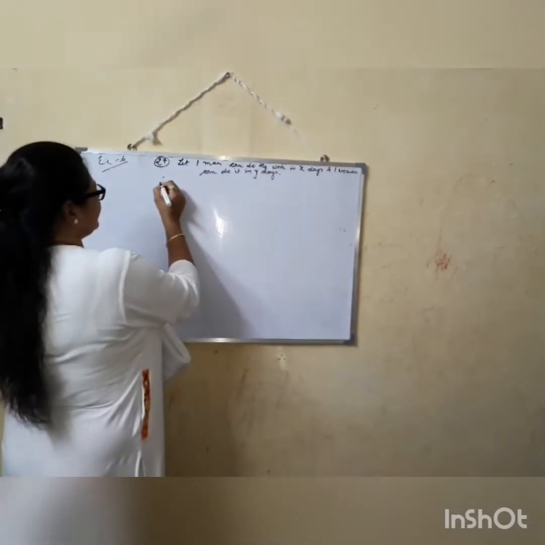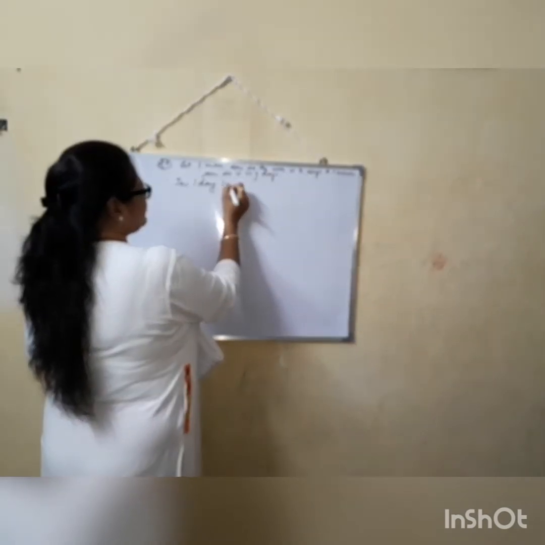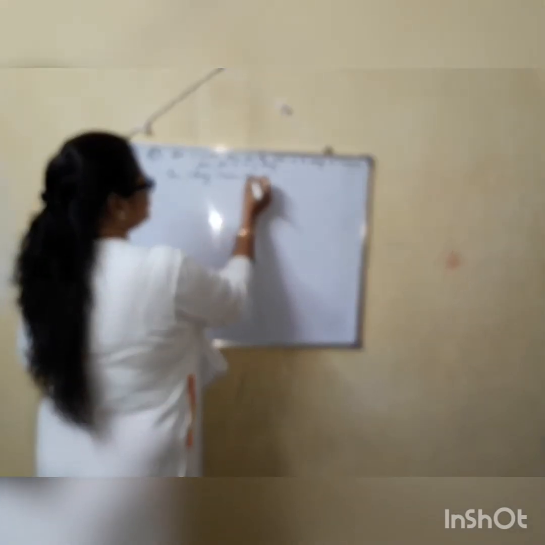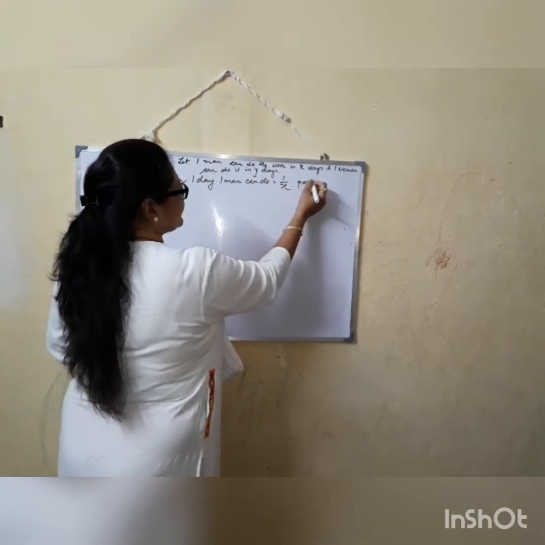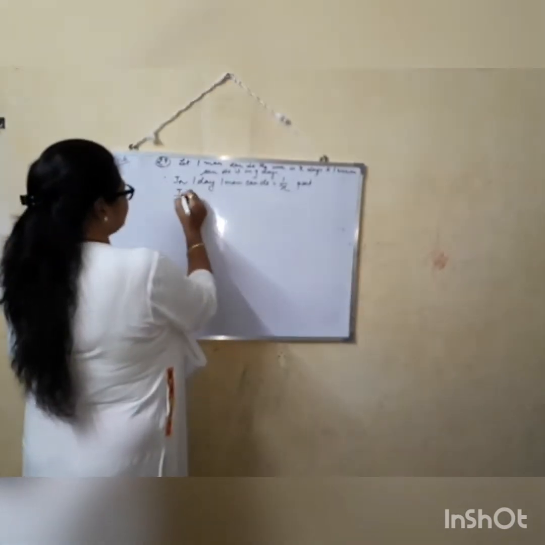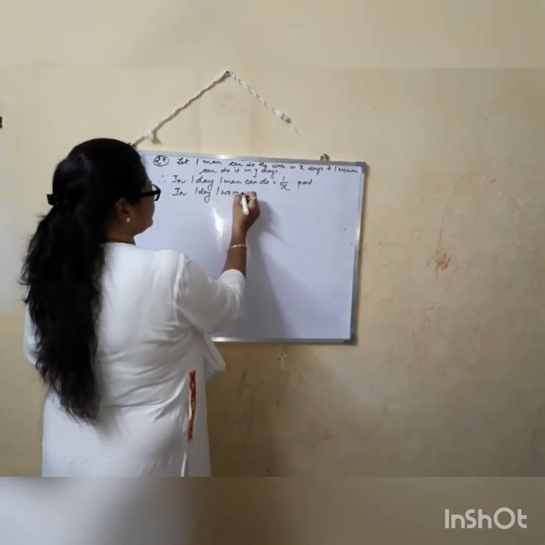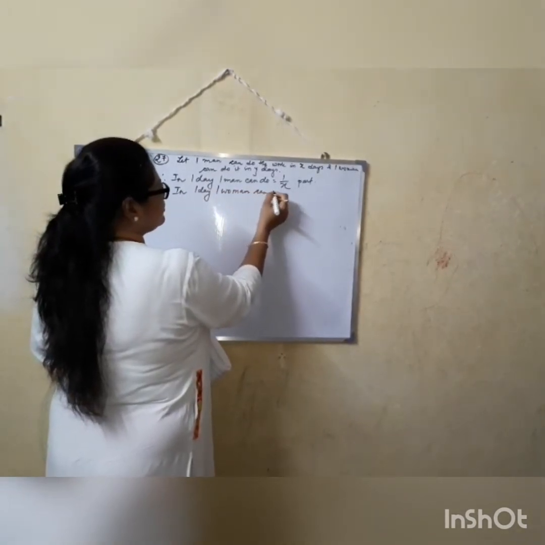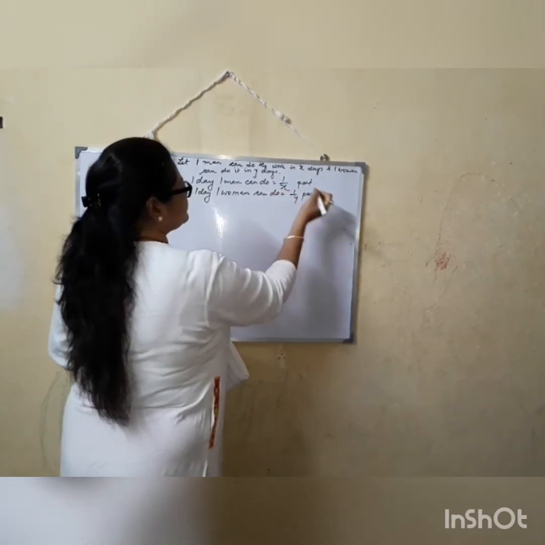Okay, so therefore in one day one man can do 1 by x part of the entire work, and in one day one woman can do 1 by y part of her entire work.